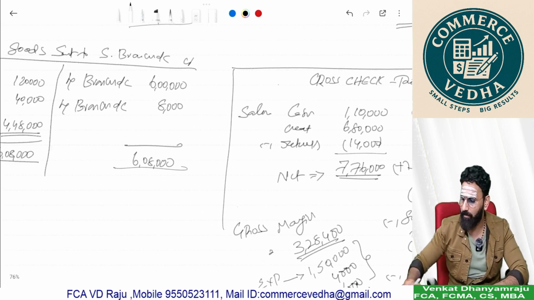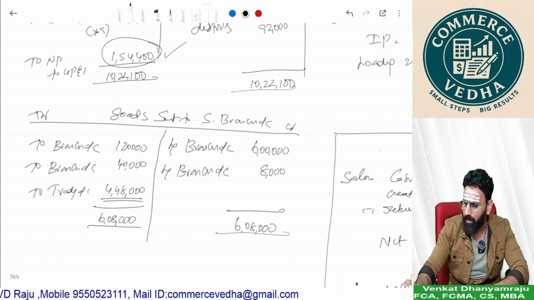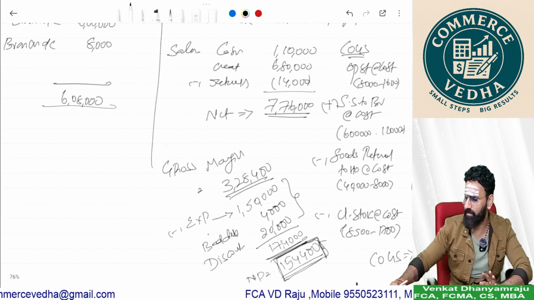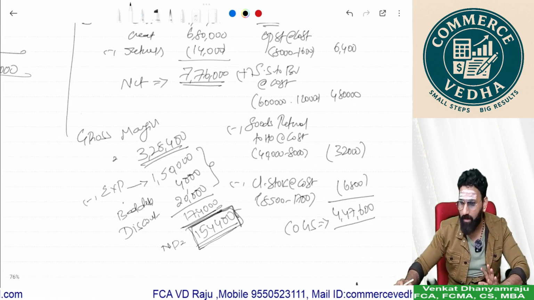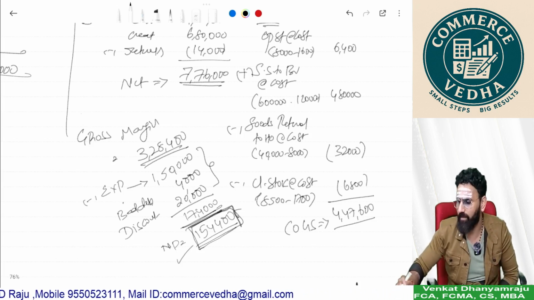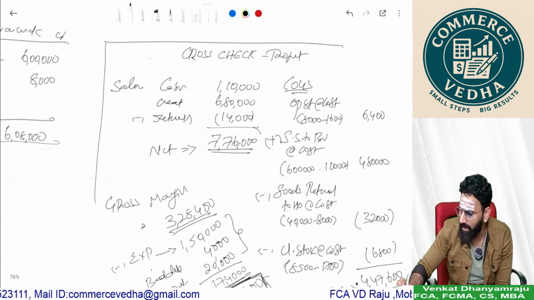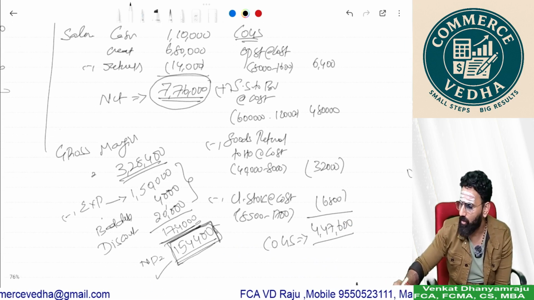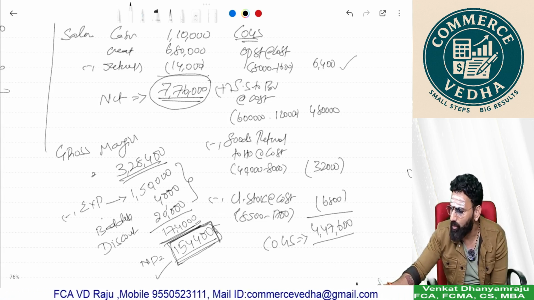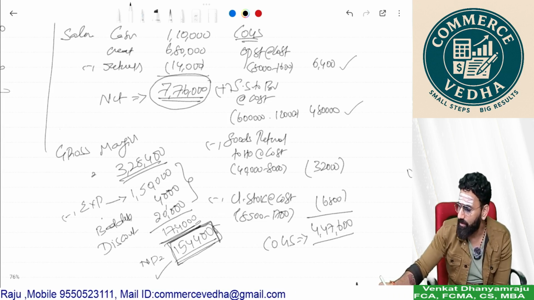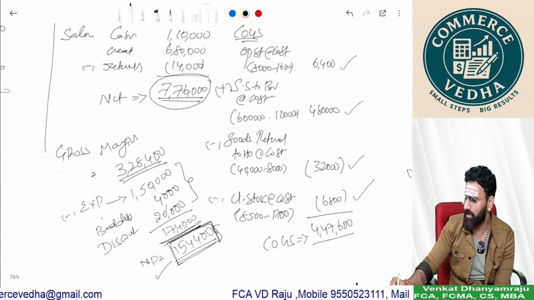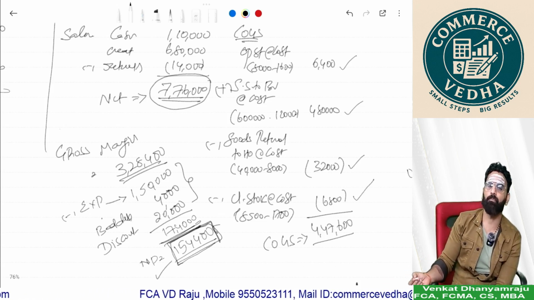And when I prepared my branch account, my profit is 1,54,400. This is a simple cross check of the answer so that when you come out of the examination hall, you will get confidence. What I did, I took net sales, I took cost of goods sold: opening stock at cost, goods sent to branch at cost, goods returned to HO at cost, closing stock at branch at cost. These two I deduct because they were returned and not sold yet.